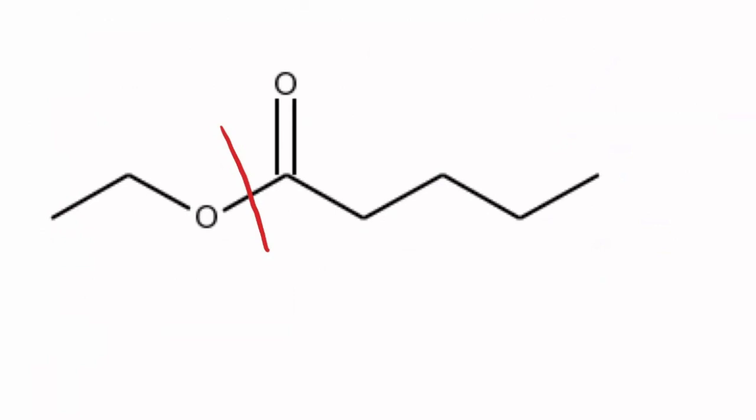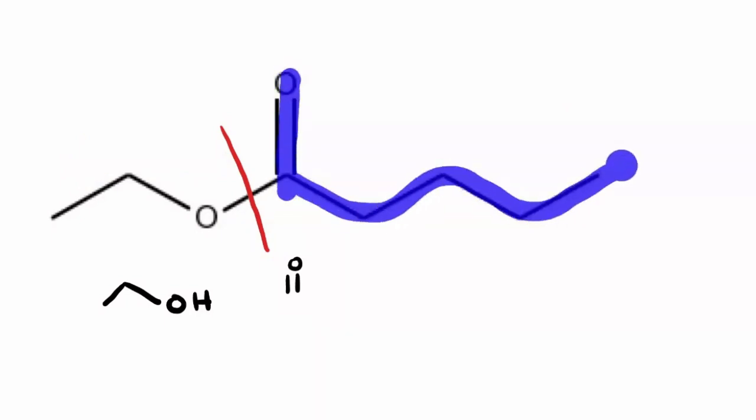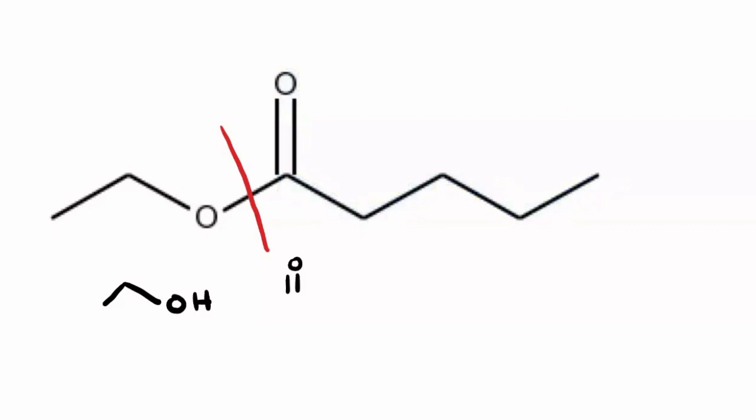In this ester, I know that the area of the molecule to the left, because that's where the single bond oxygen is, came from the alcohol. So the alcohol that looks like this was the one utilized to make this ester. The C double bond O, meaning this area of the molecule and the rest, came from the carboxylic acid.